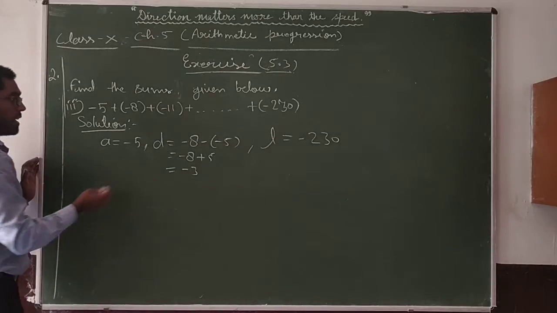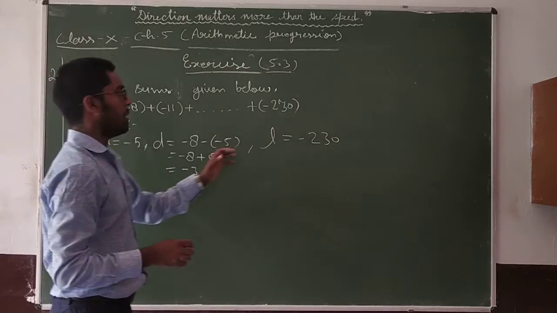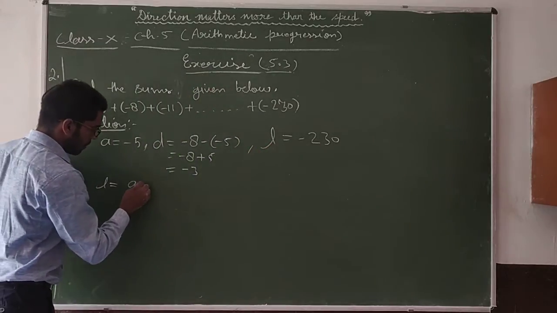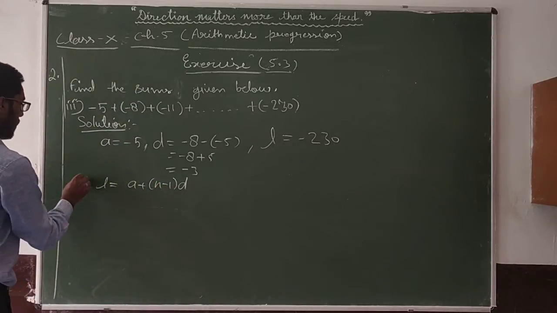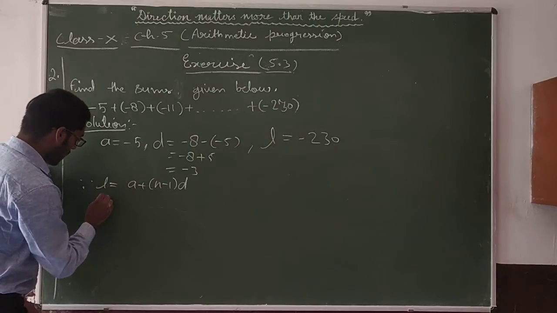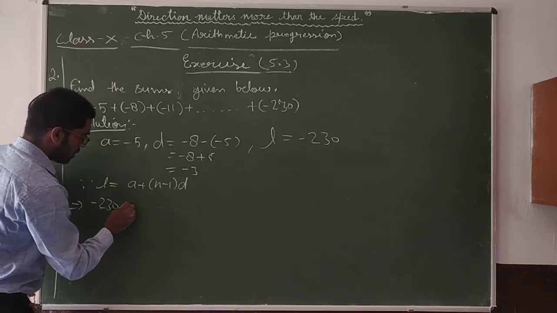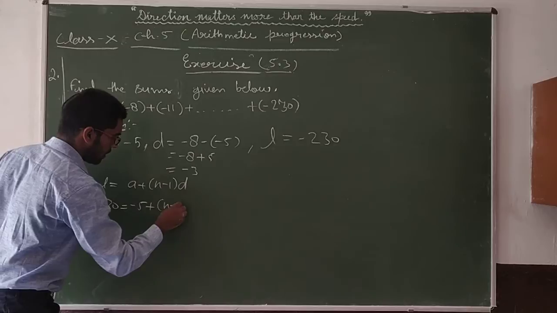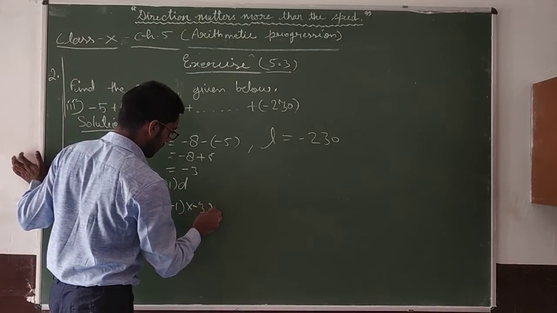So first find the number of terms, with the help of the formula l is equal to a plus (n minus 1) into d, because the last term is given. With the help of this formula you will find the number of terms n. The value of l is minus 230, equal to a, minus 5, plus (n minus 1) into the common difference minus 3.